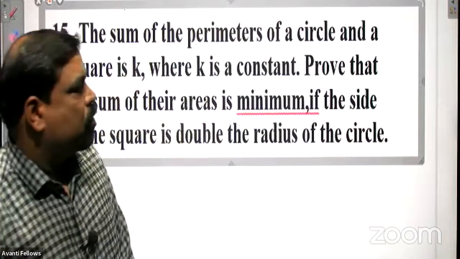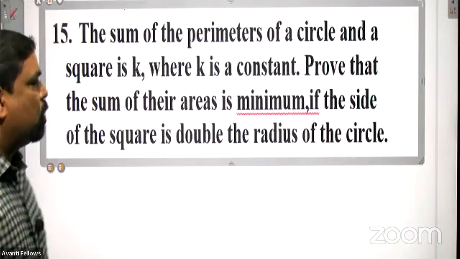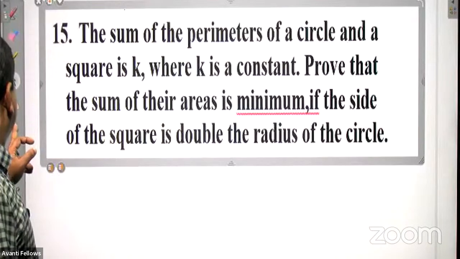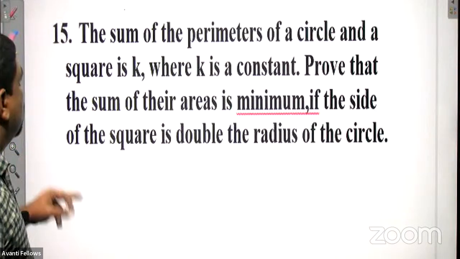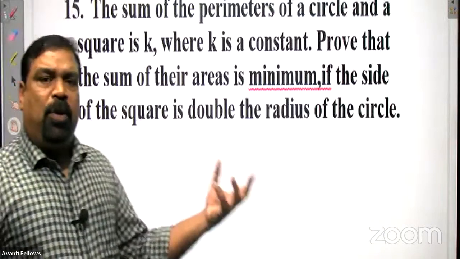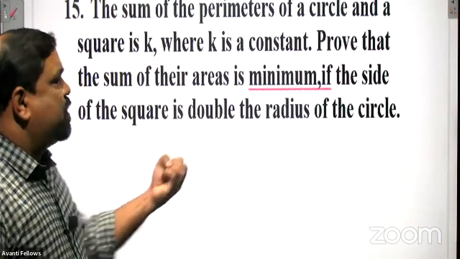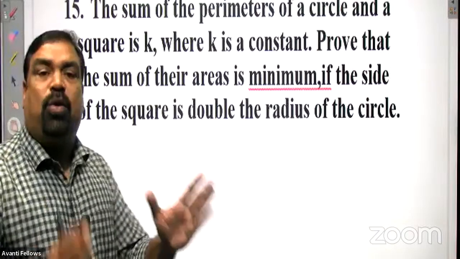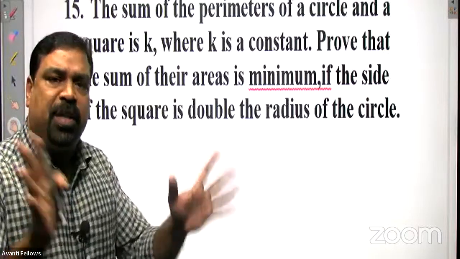What is given? The sum of the perimeters of a circle and a square is a constant, k.